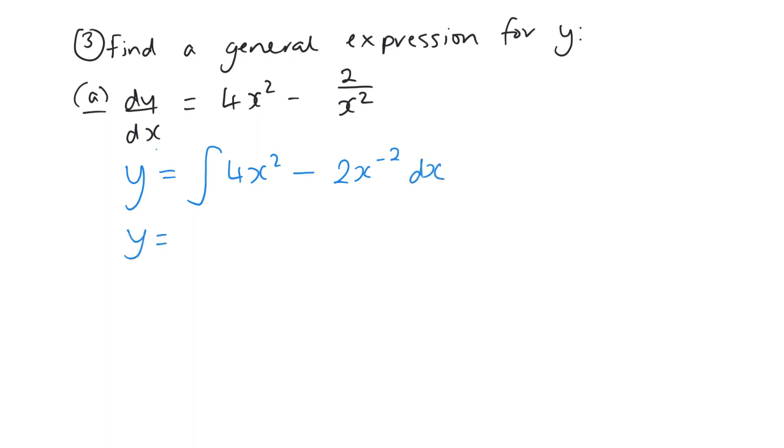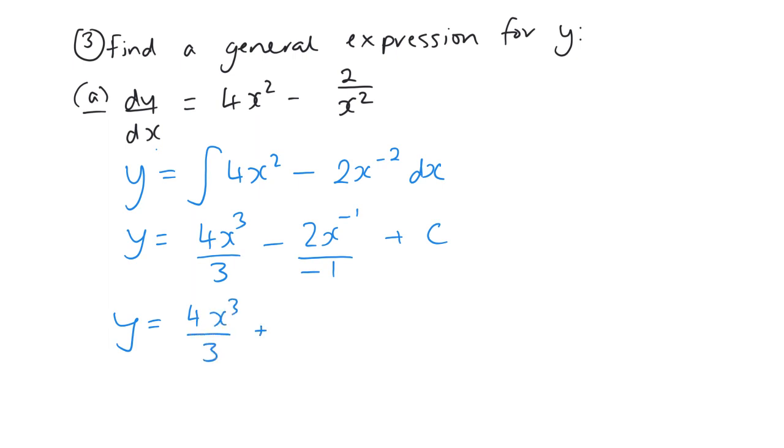And that's what we're going to integrate. So add 1 to the index, divide by the new index, remember your plus c, and then tidy it up. I'm going to bring that x to the minus 1 back down. And that's our general expression for y.